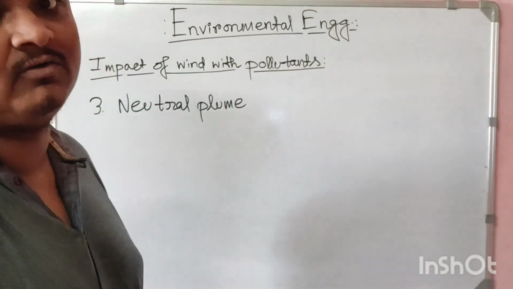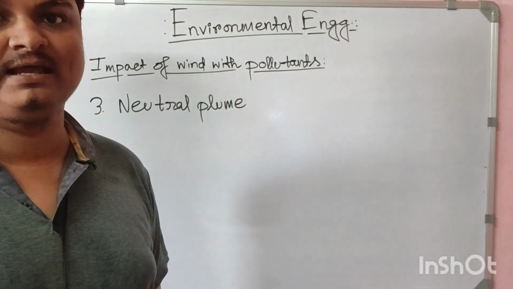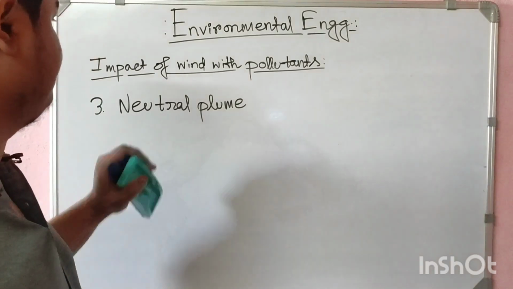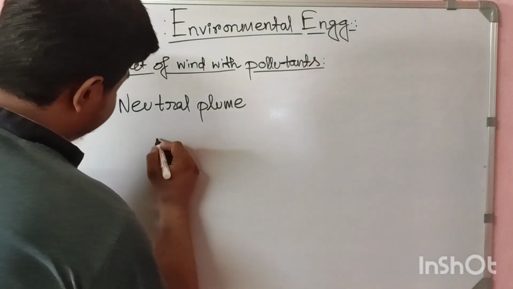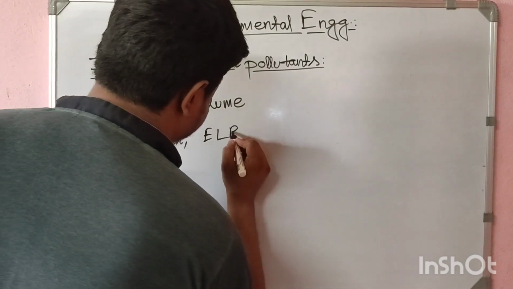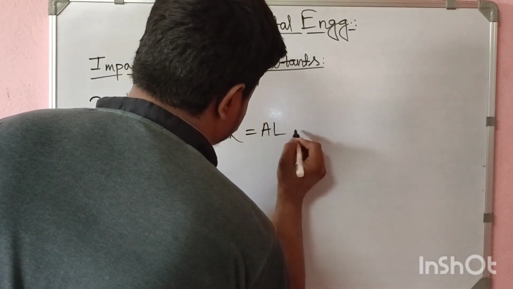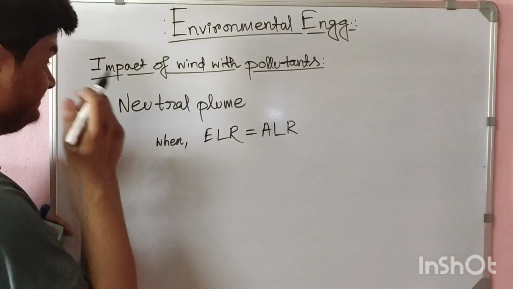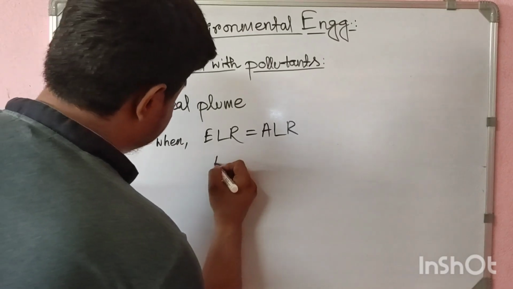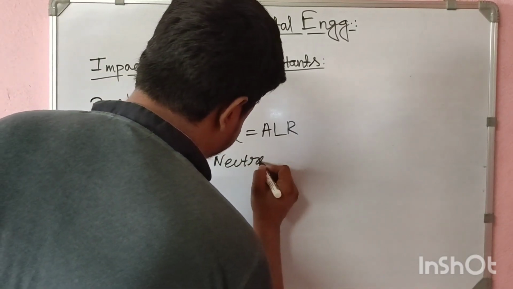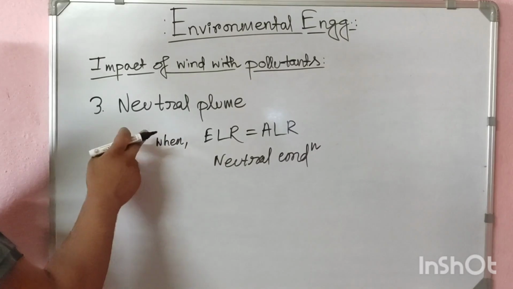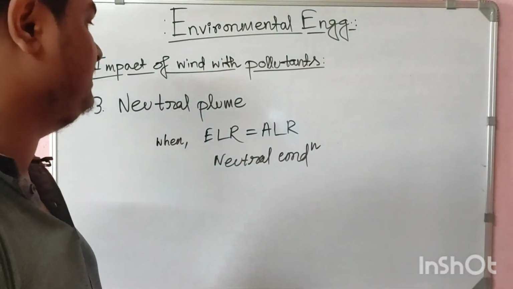We know that when ELR is equal to ALR, that's the neutral condition. Okay, this is the neutral plume. When ELR equals ALR, neutral condition happens.